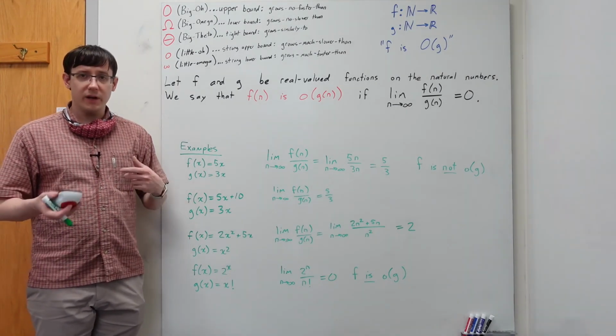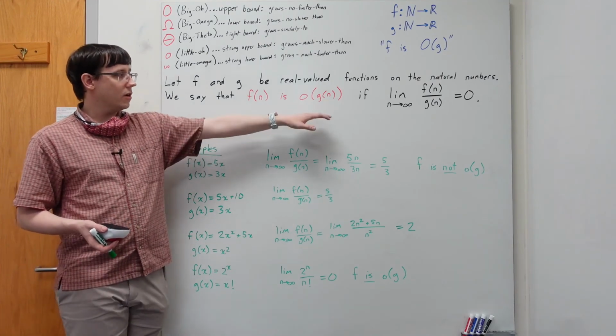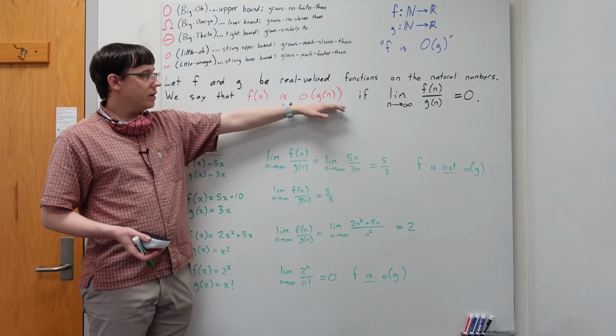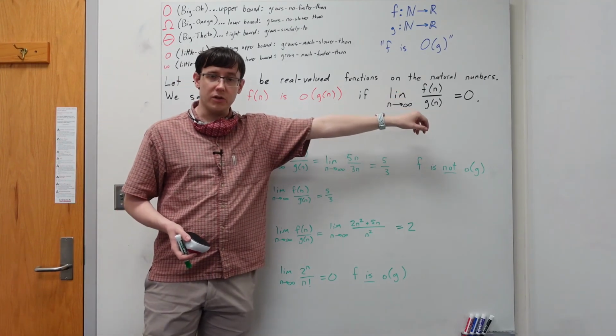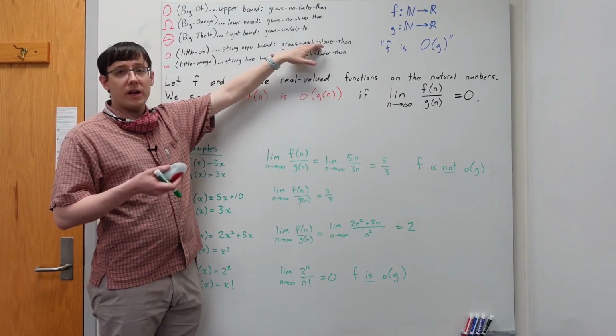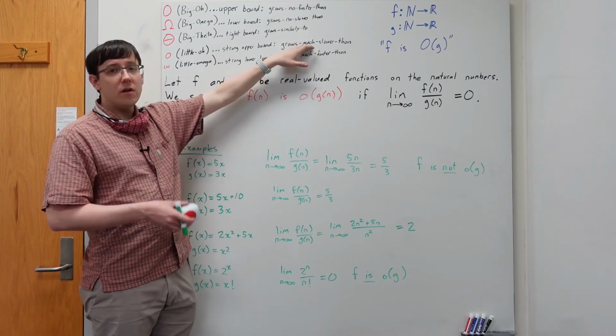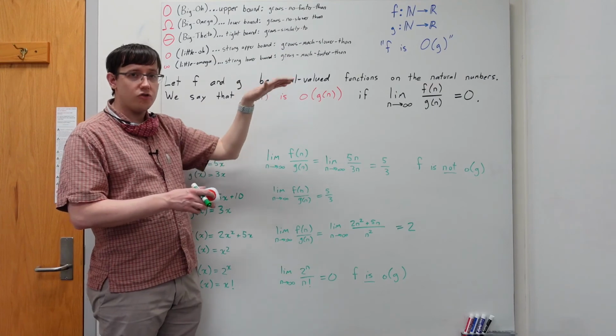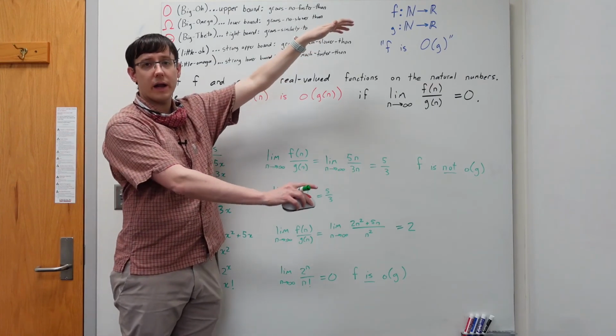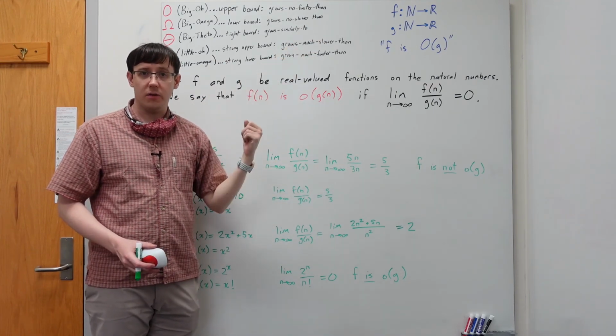So intuitively we can think of little o as also giving an upper bound. G has to be growing faster than f for this limit to go to 0, but it can't be growing just a little bit faster. For the limit to go to 0, it has to be the case that the gap between g and f is getting wider as n gets larger.